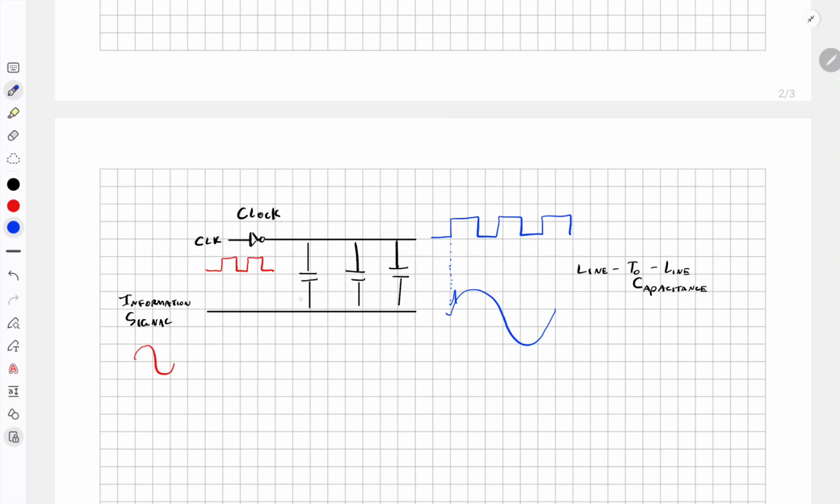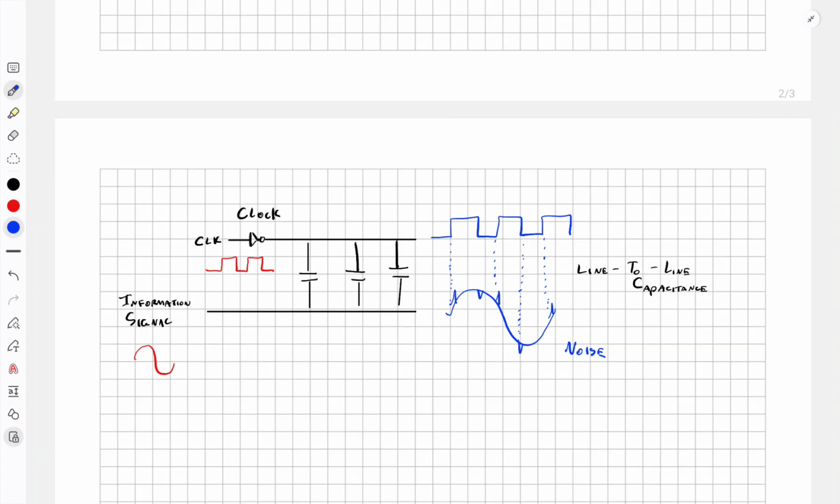Due to these capacitors, it will have some clipping from the clock signal imparted onto your information signal. So a tiny bit of the clock signal imparts itself on the information signal, and this is called noise. And this is very bad because it distorts the information signal. So this is obviously a problem.